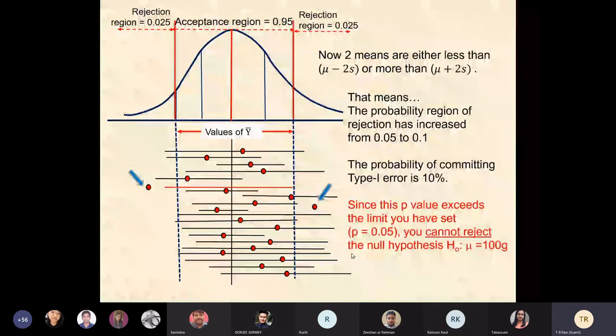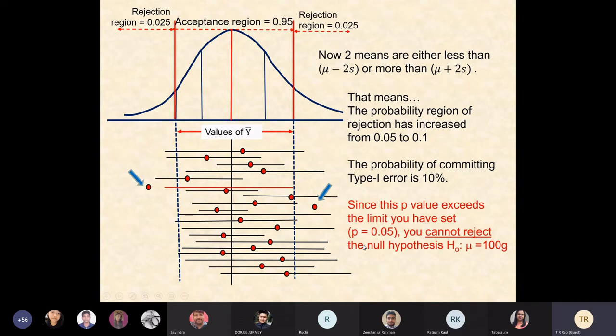Then you cannot reject the null hypothesis. This is very important. You are not able to reject the null hypothesis because the p-value, the probability value, has exceeded the limit that you have set at 0.05. So it has to be 0.05 or less to reject the hypothesis.